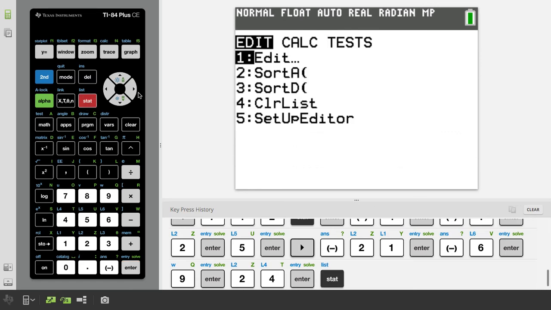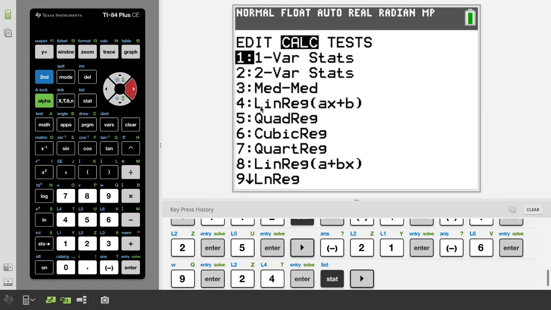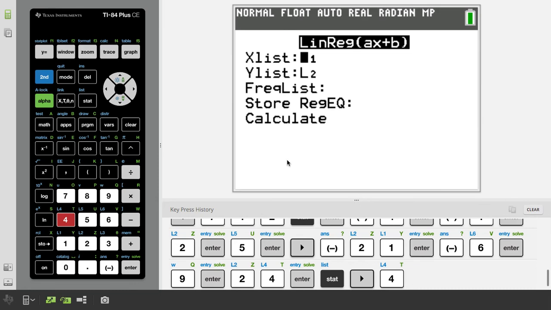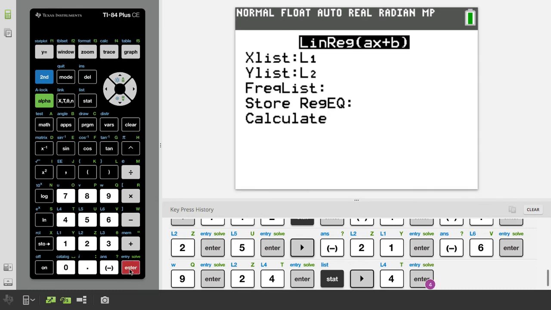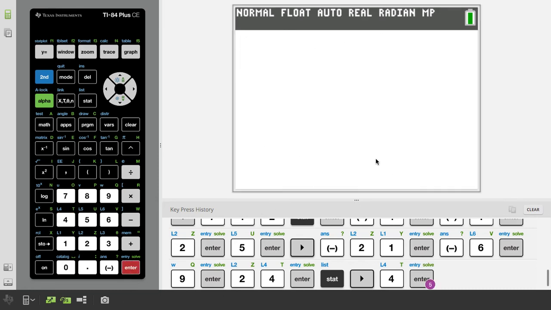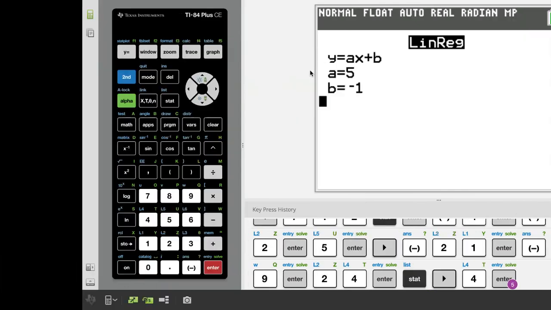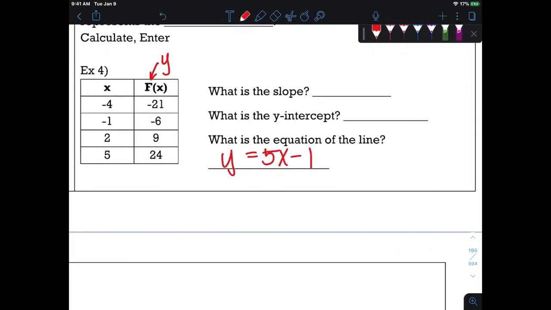Now I'm going to hit Stat again, Calc, and option 4. I hit enter a couple of times until it's hovering on Calculate, then enter one more time, and it spits back an equation: y equals 5x minus 1. There's my equation.